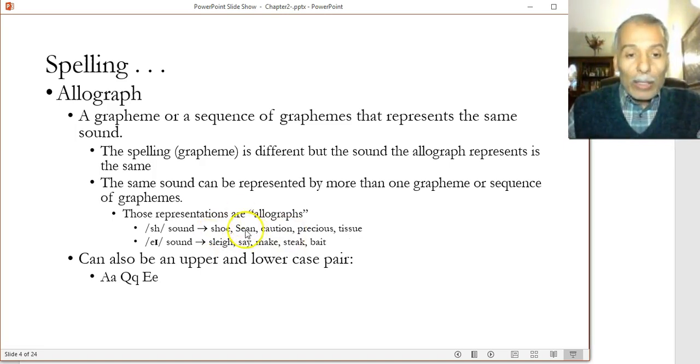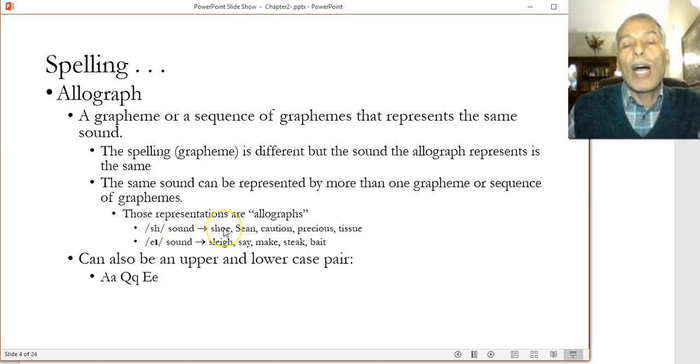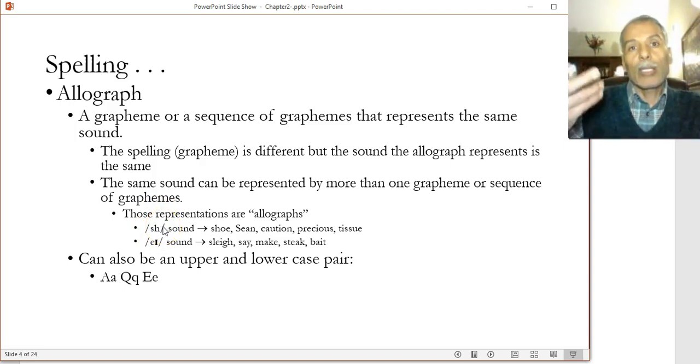So all of these, the sh, the se, the tion, cious, ssu, all of these are different ways of making the same sound, different written ways. So each one is called an allograph, an alternative way of making the same grapheme, basically the same sound.